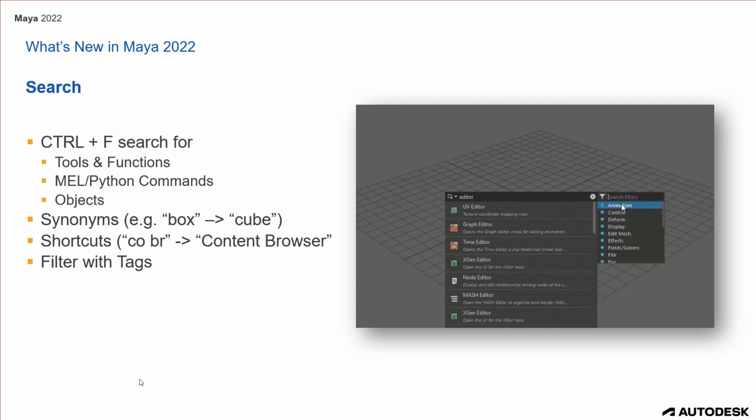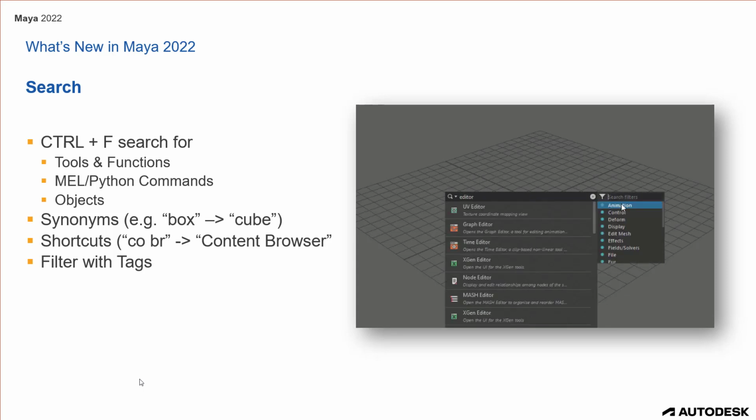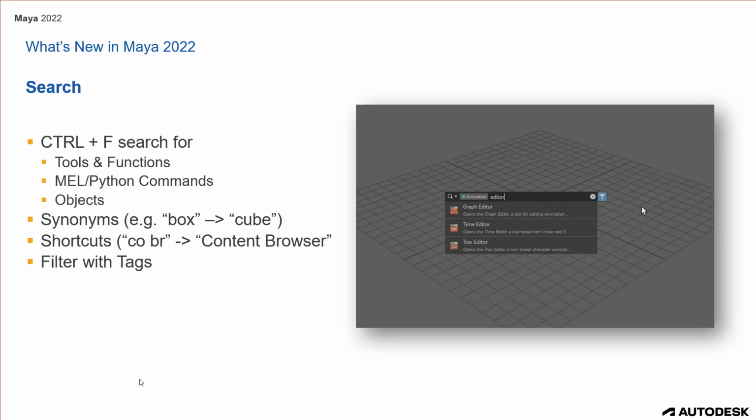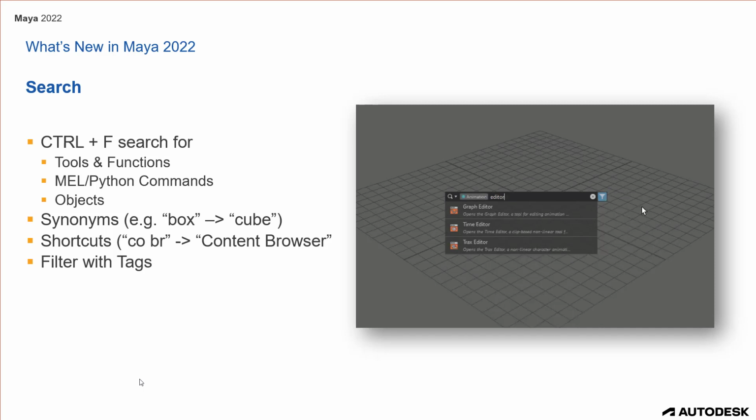This search here is better because it also searches for synonyms. So if you, for example, search for the term box, it will offer you the polygon cube, because that is a box, obviously. And so you don't have to know the exact term that is stated in the menus. You can use something a little bit closer.